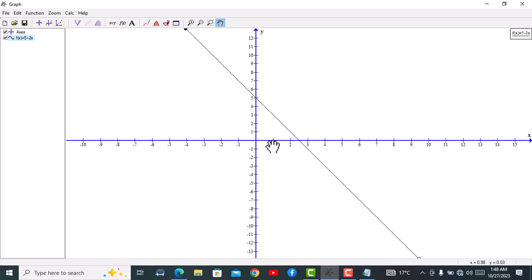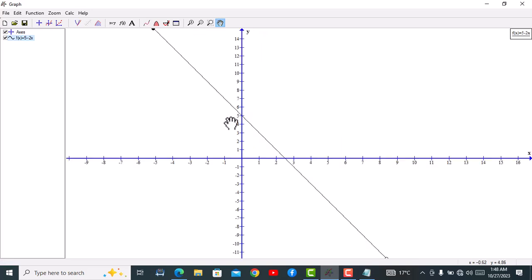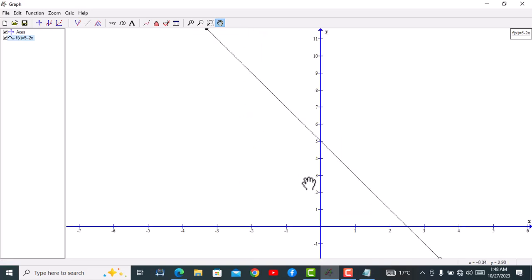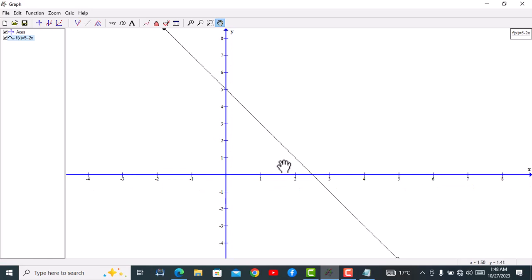Let's see, it seems like the x-intercept is 2.5.